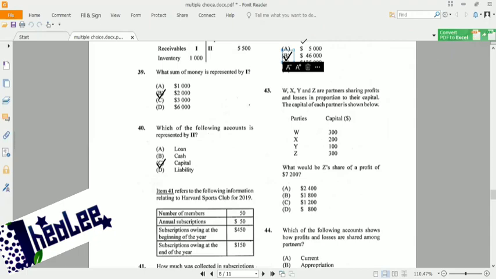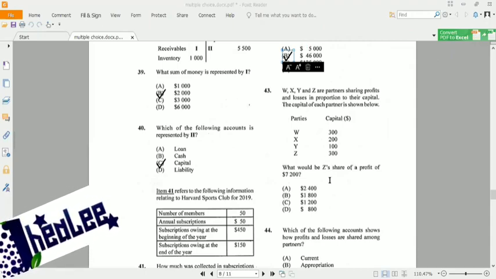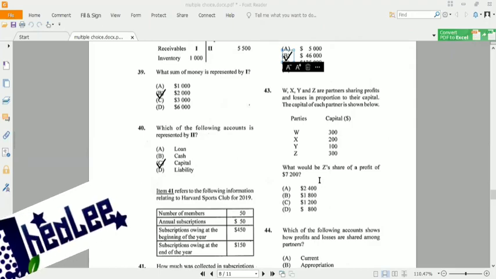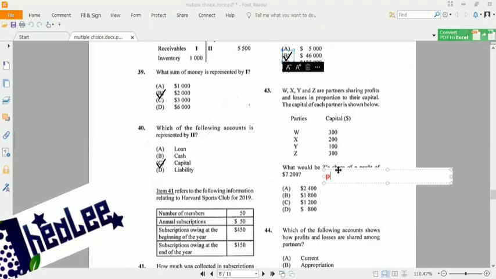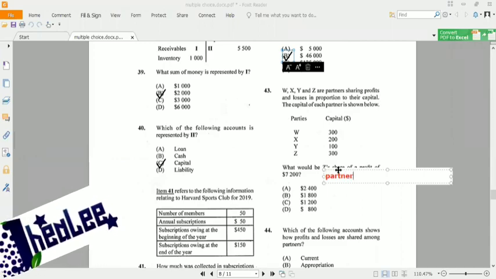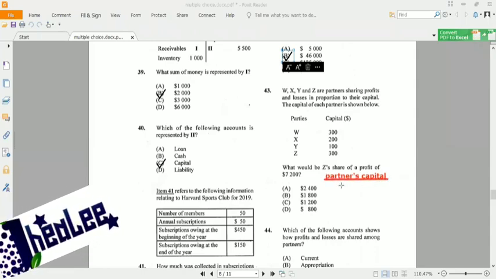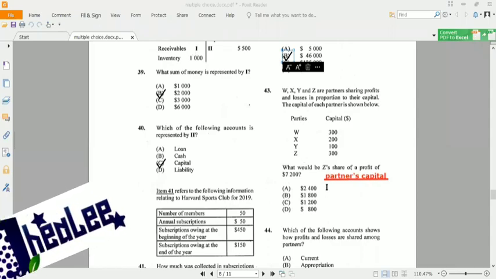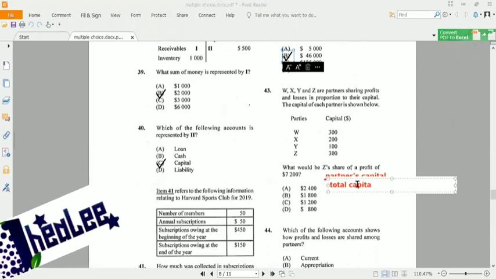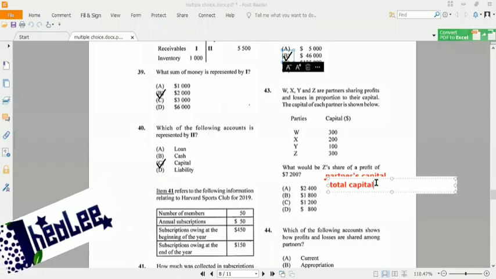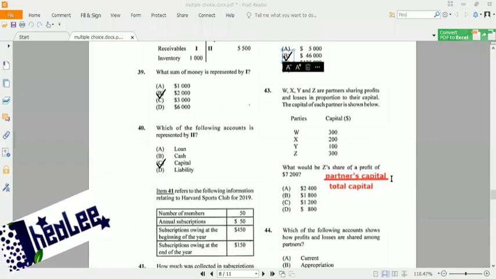So remember, when you're to use your share in profit and losses based on the capital contributed, it is the partner's capital divided by total capital, so we're trying to find the profit sharing ratio, and the result that you get, you're going to multiply that by the share of profit.